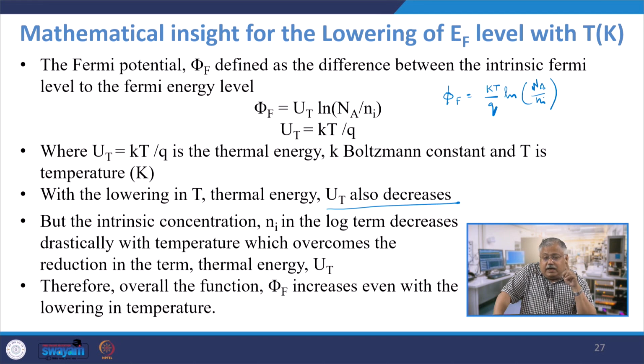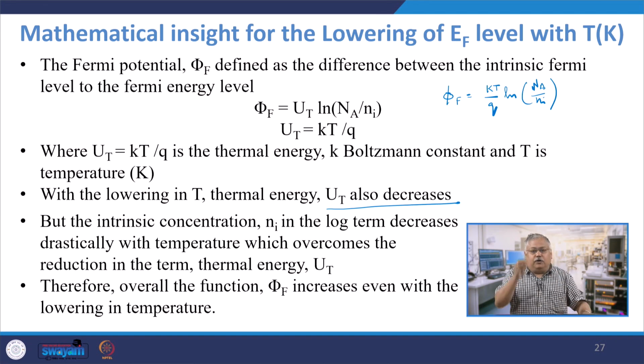However, look at the intrinsic carrier concentration. It falls down drastically as the temperature falls down. So, two things are happening. One is your Fermi level moving away from the conduction band, because of which the charge carriers are getting minimized. Not only that, your intrinsic carrier concentration also falls down drastically at much lower temperature, and therefore this phi f increases even with the lowering of temperature.